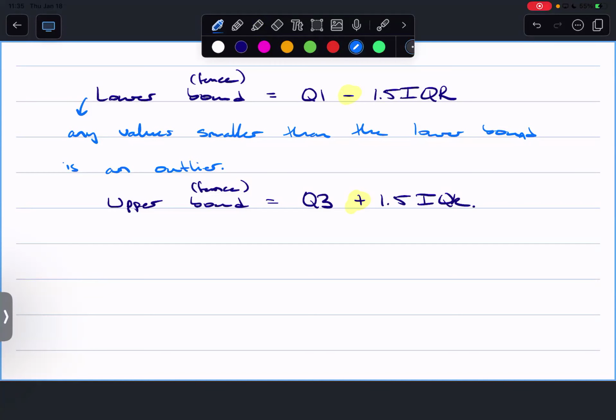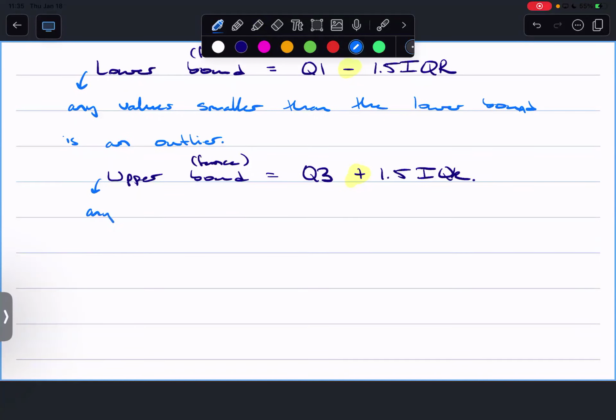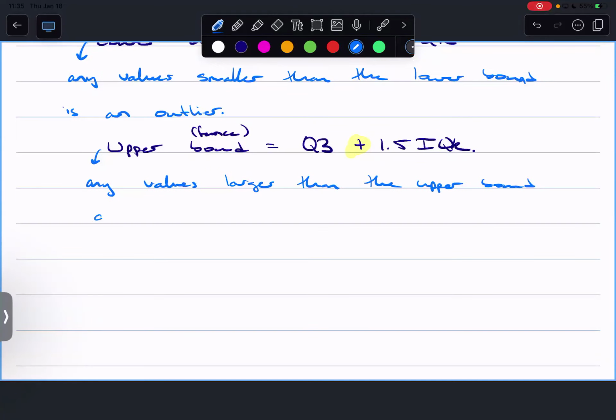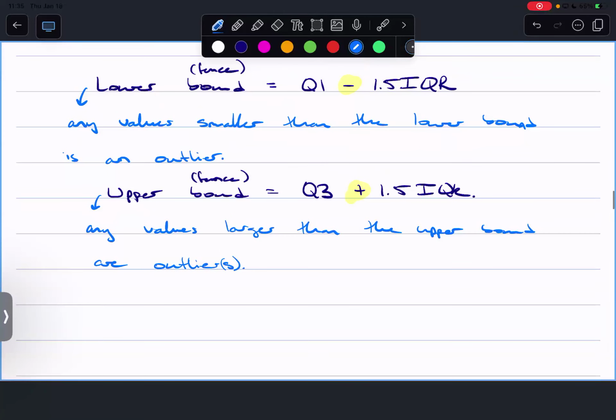So then, any values larger than the upper bound are outliers, potentially plural. I don't know why I strayed from the same format. It went from plural to singular, so that's not great.